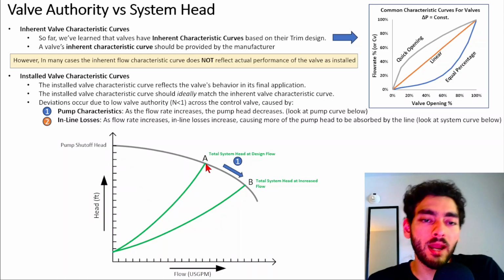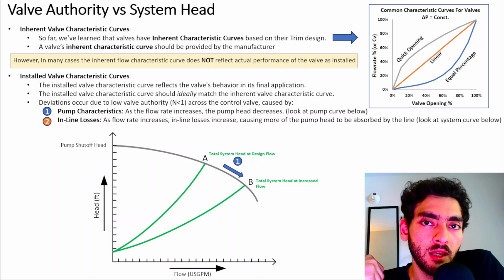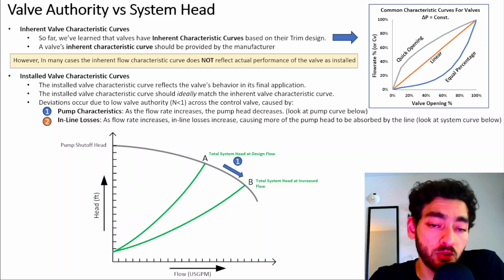And so what happens is when you want to increase the flow rate in your piping system, you would say, I would just open the control valve a little bit more. And that is correct.